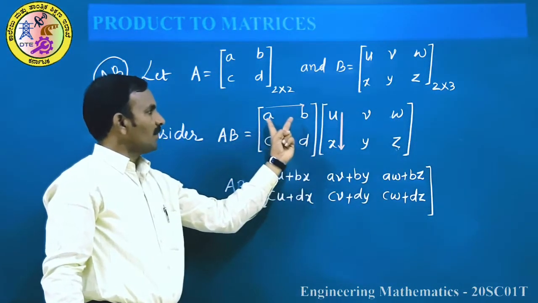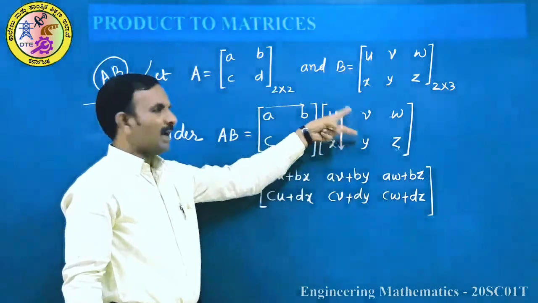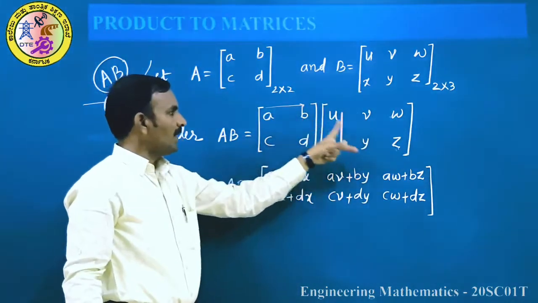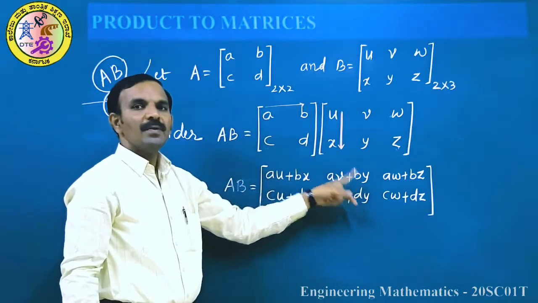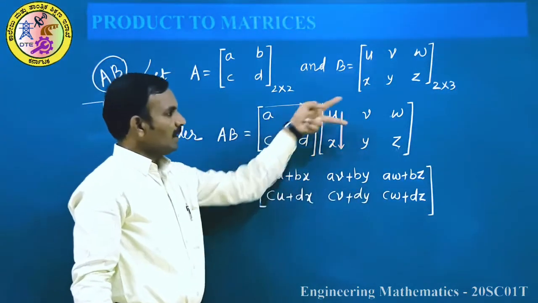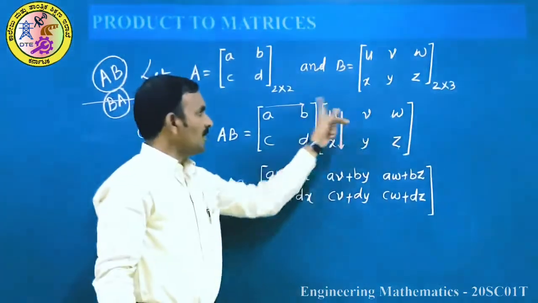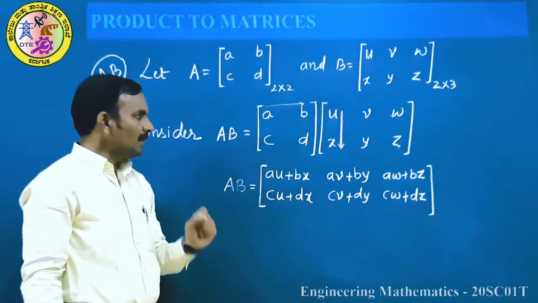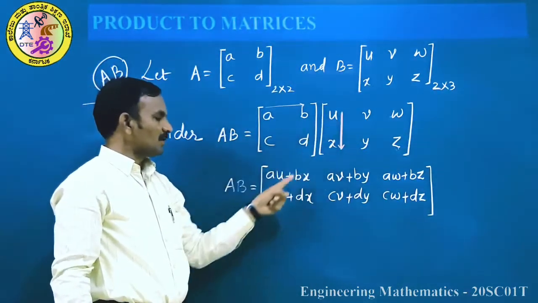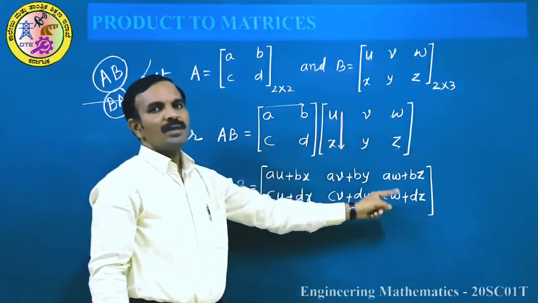First row second column: AB with VY, A into V, B into Y, that is AV plus BY. AB with WZ, A into W, B into Z, AW plus BZ. Similarly for second row first, second, and third columns.